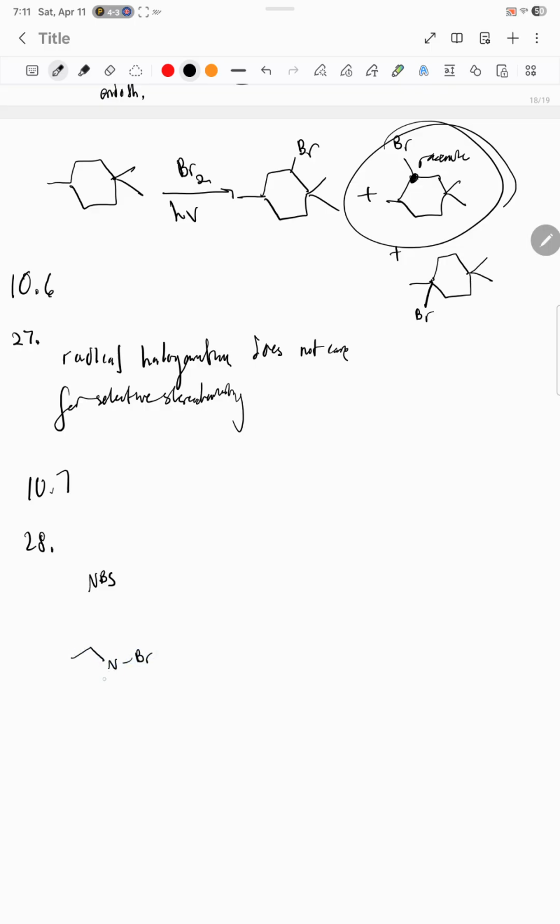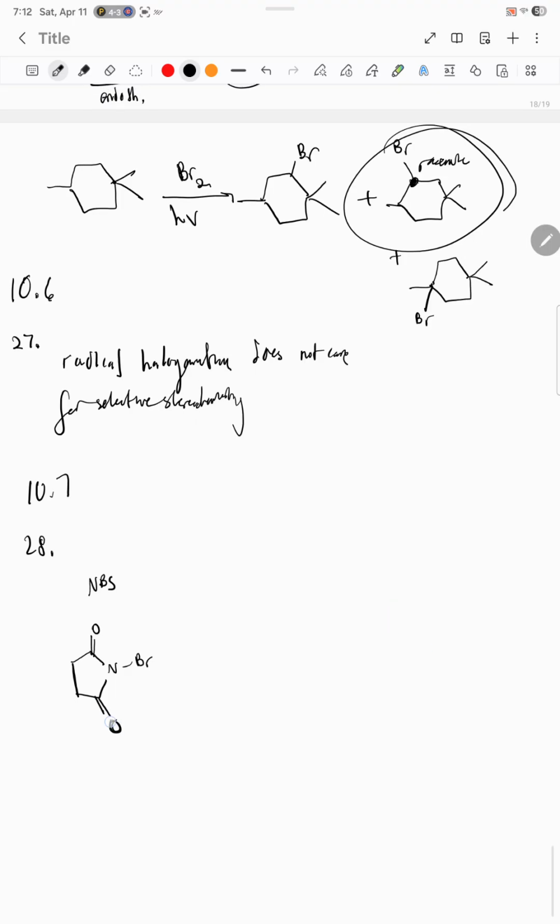It's got a bromine attached to a five-membered ring containing nitrogen, with two carbonyls, like two ketones. This is known as N-bromosuccinimide.